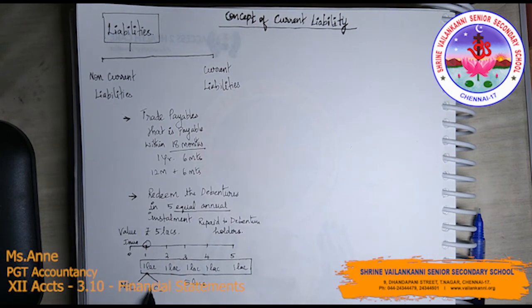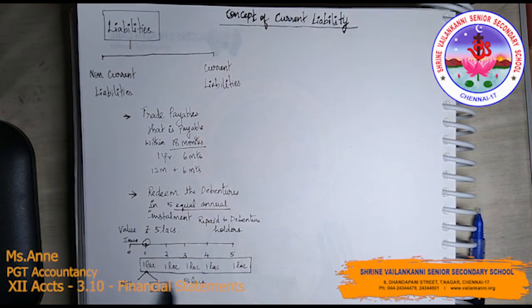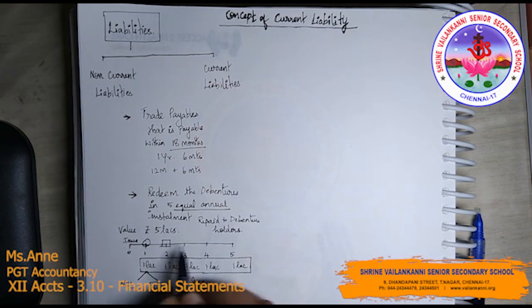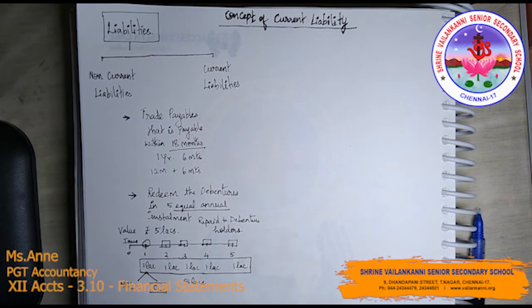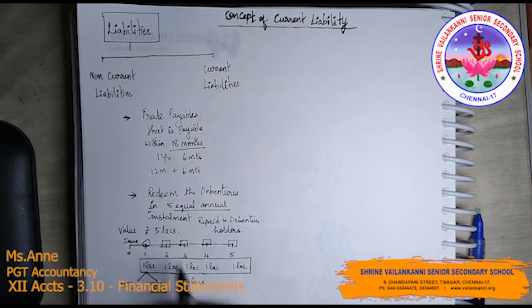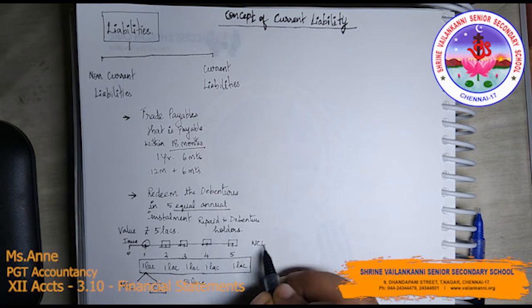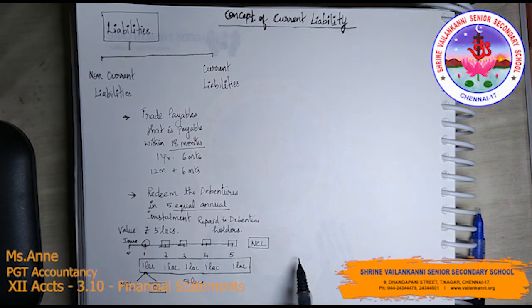Yes, it has to be treated as current liability. But the remaining 4 lakhs, how will you treat it? When you are standing at this point, it has to be treated as non-current liability.